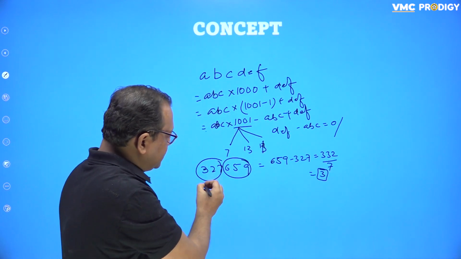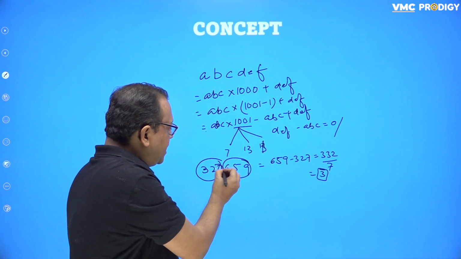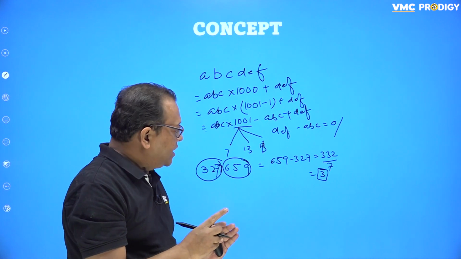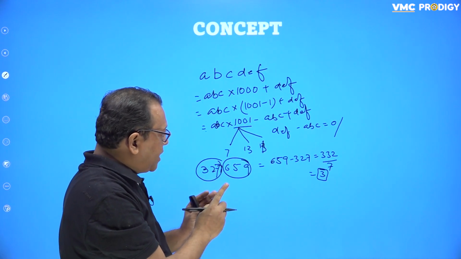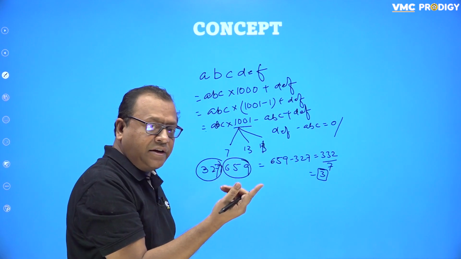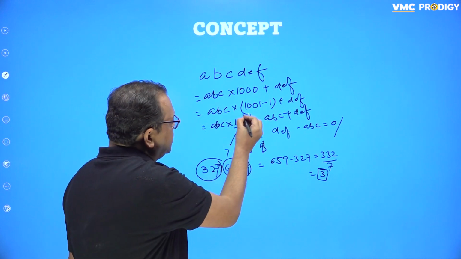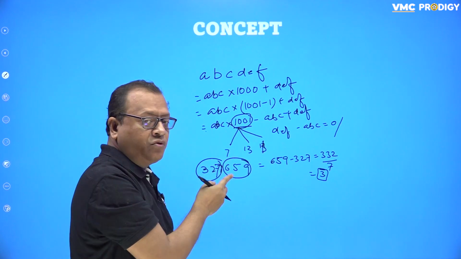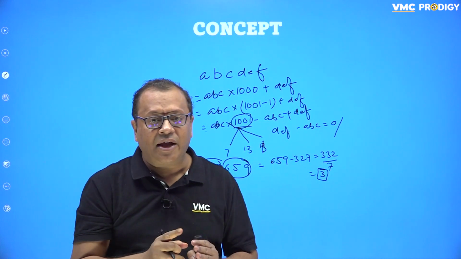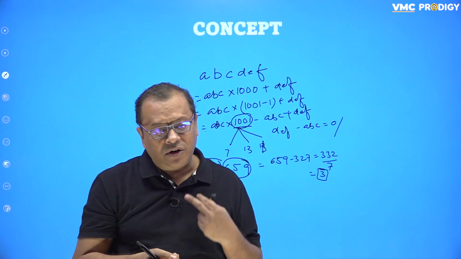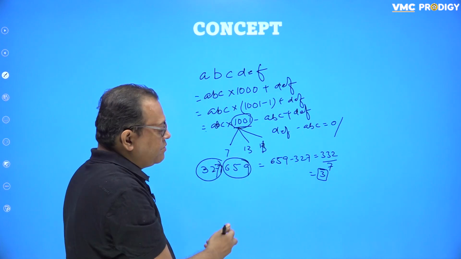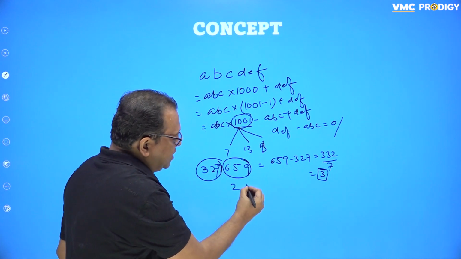So this number is not divisible by 7, and when divided by 7, the remainder is 3. Why are we taking this triplet? Because of this number 1001. So this rule is a universal rule for 7, 11 and 13, which means 11 has got 2 rules.